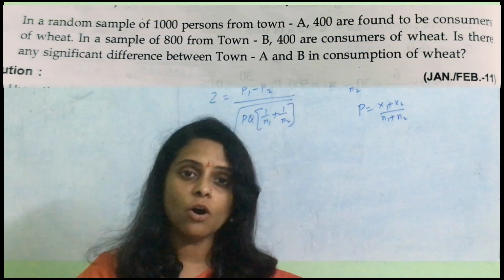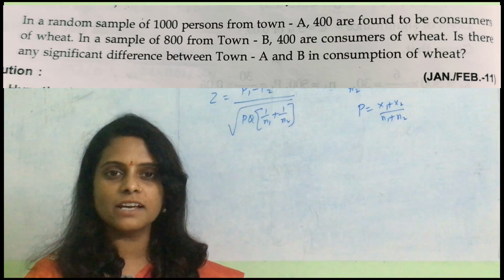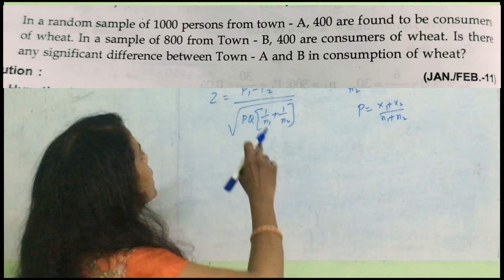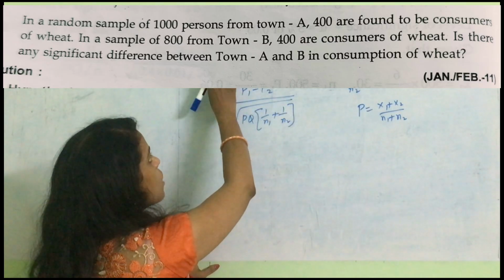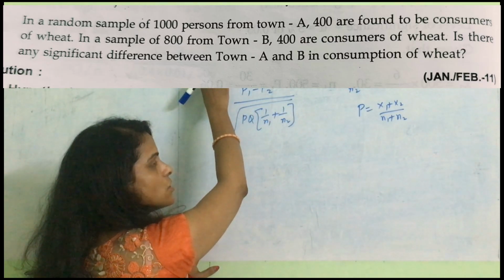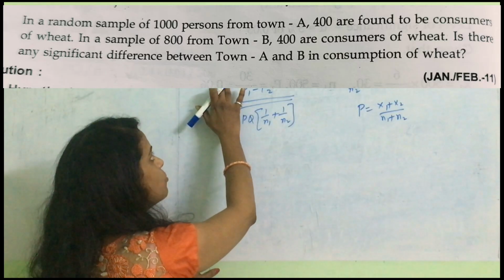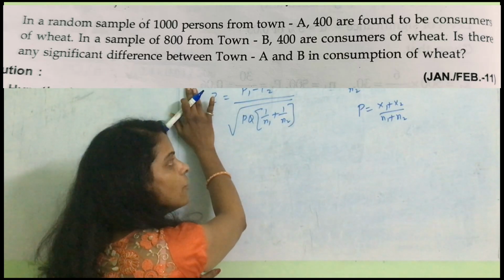Okay, so on the screen the question is given. Town A is there and town B is there. Town A has 1,000 people and town B has 800 people. In town A, 400 people are consumers of wheat, and in town B also 400 people are consumers of wheat.